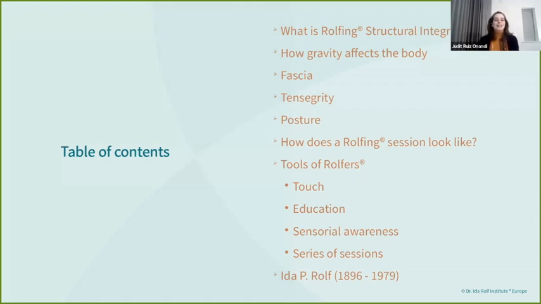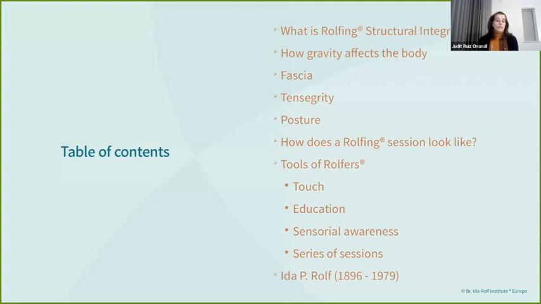So Ida Rolf was born at the end of the 19th century. In the First World War, women were given opportunities that were not there for them before, for example, going to university.